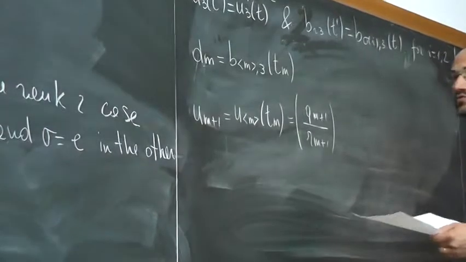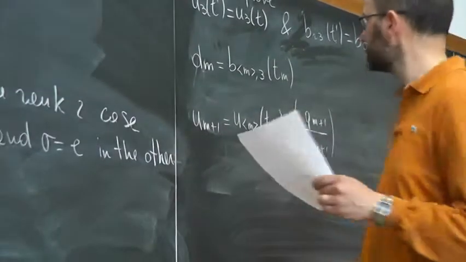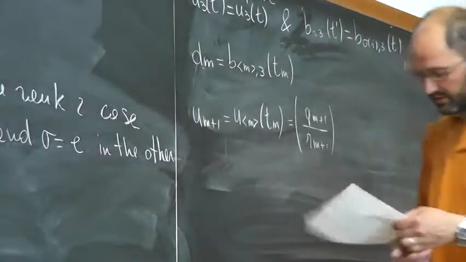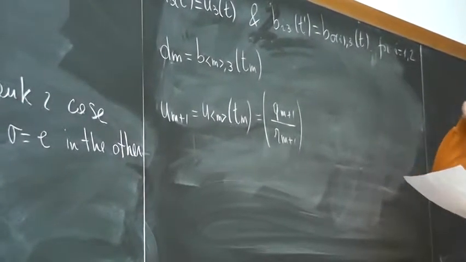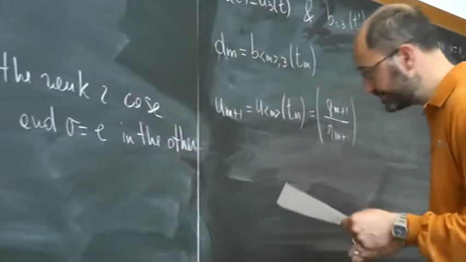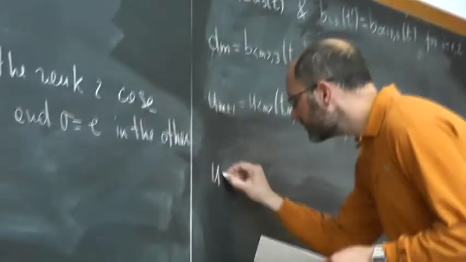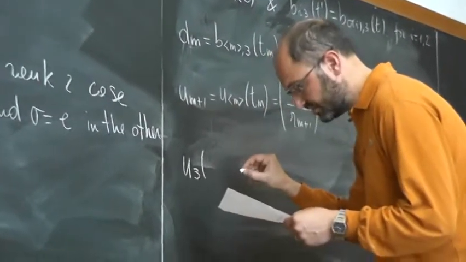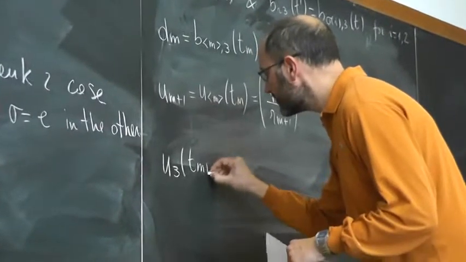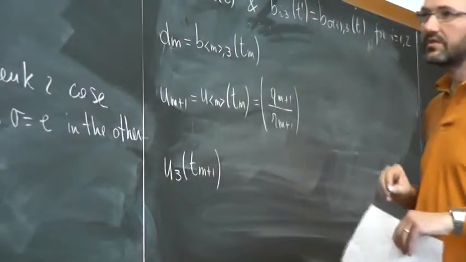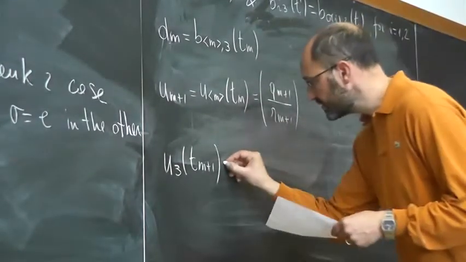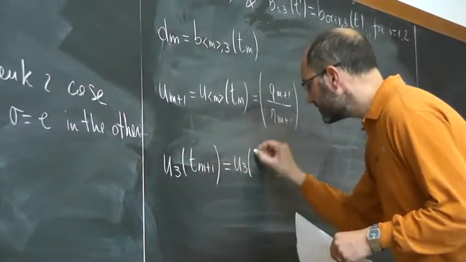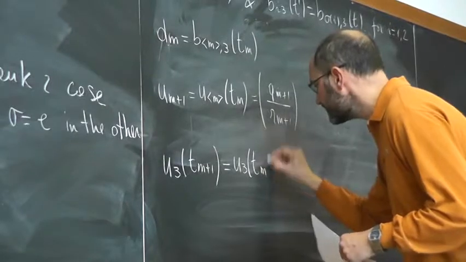So now I need to recall to you the recursion satisfied by the coefficients u, v, m in general. u3 of tm plus 1, this is for any m. u3 of tm.